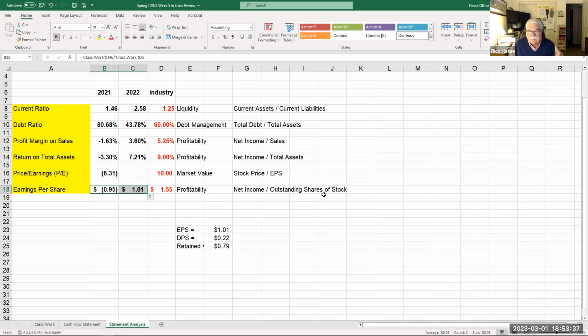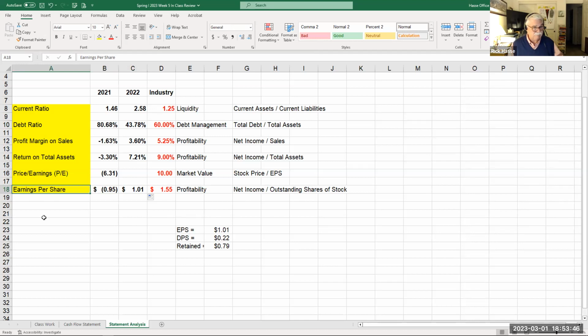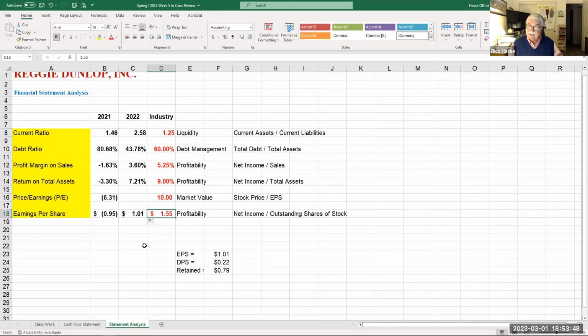Net income divided by outstanding shares of stock, the earnings per share, a very important indicator about companies' performance over a period of time. Notice they're a little bit behind again to the market, to their competition. And then finally, what is called the price earnings ratio. This is the current stock price in the market, what people are paying for our stock, divided by that earnings per share.